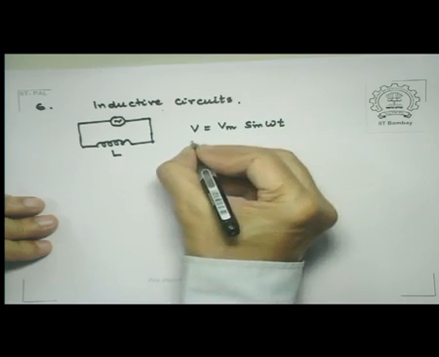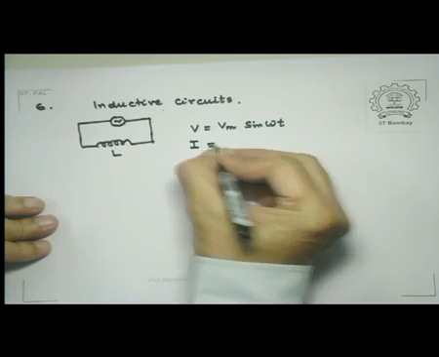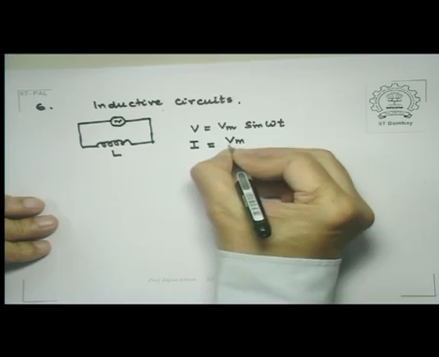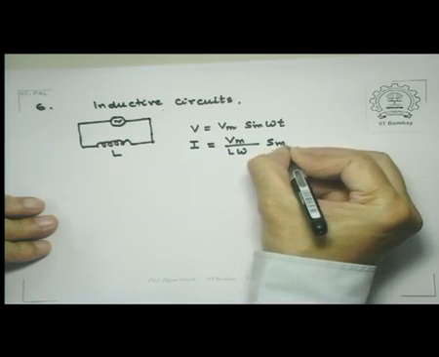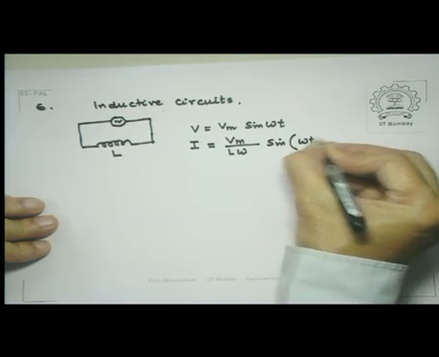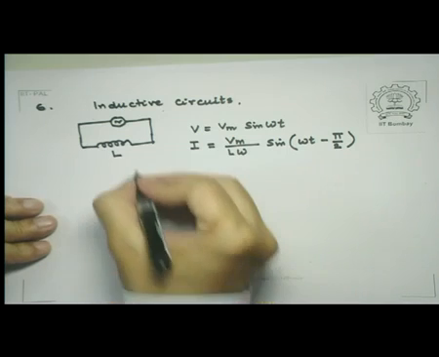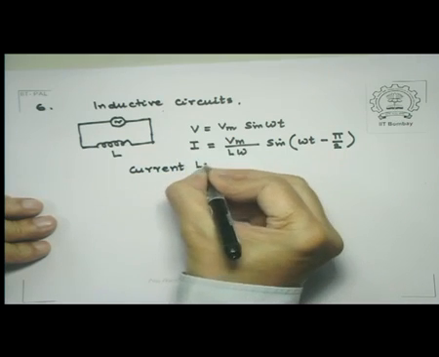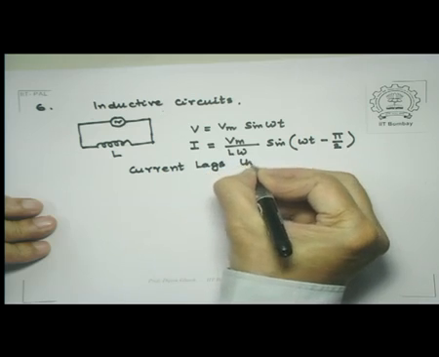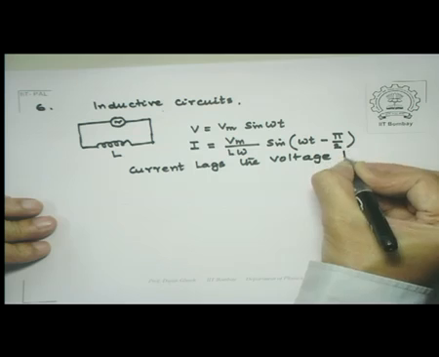What we found is that the current is given by Vm divided by L omega times sin of omega t minus pi by 2, meaning thereby the current lags the voltage by pi by 2.